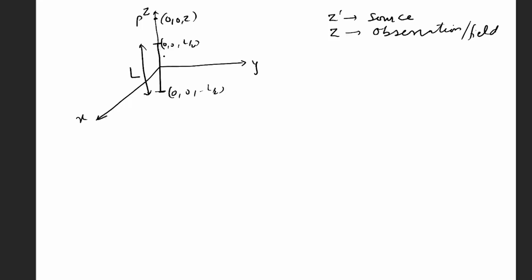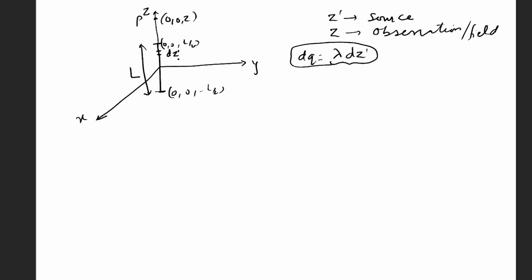Let us take a small charge of length dz dash. This dz dash line charge will have a charge dq given by lambda dz dash, where lambda is the line charge density.